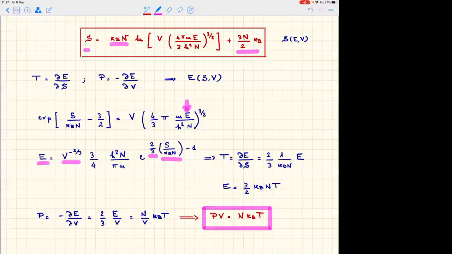Since we know that E is equal to C_V T, and then we have E equal to 3/2 K_B N T. Yeah. By the way, I think this formula is something that we used in thermodynamics at some point when we discussed the entropy of the ideal gas, right? Yes. So now you see that it appears from a calculation.